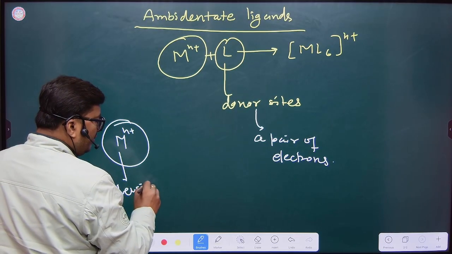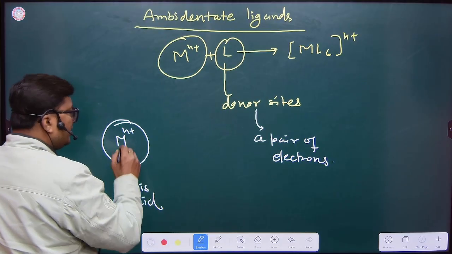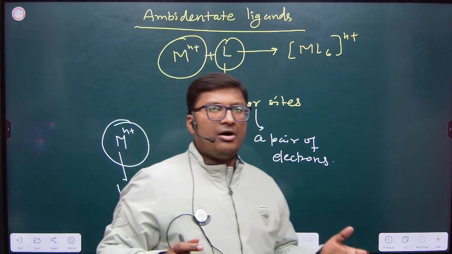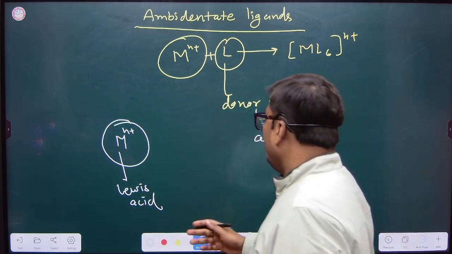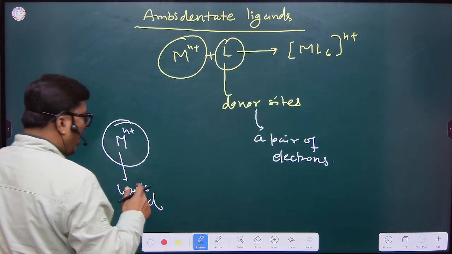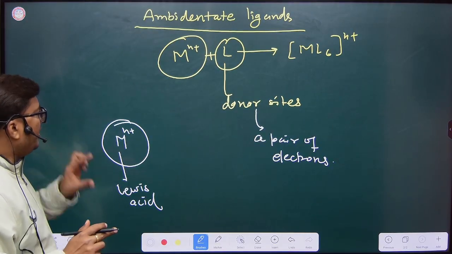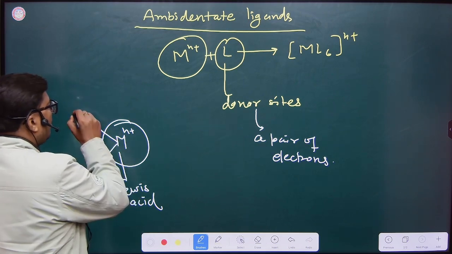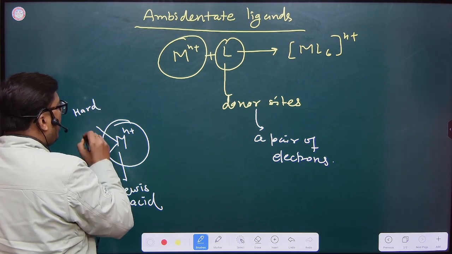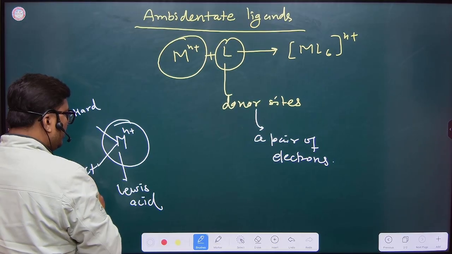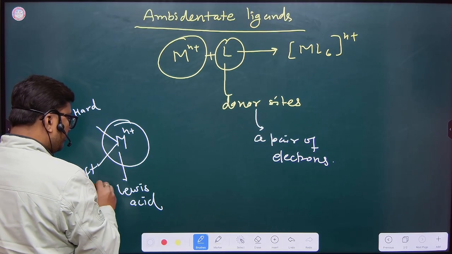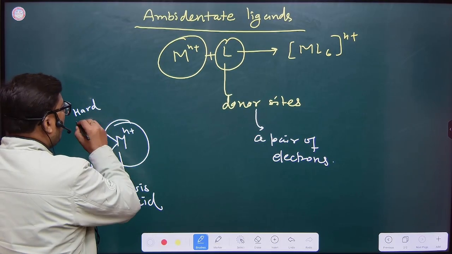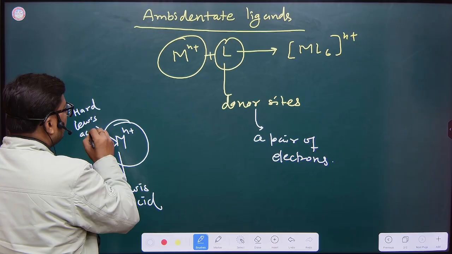It has suitable vacant orbitals to accept the pair of electrons from the ligand. This may be either a soft Lewis acid or a hard Lewis acid.